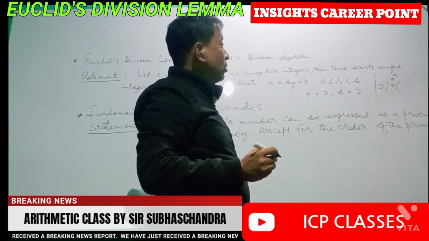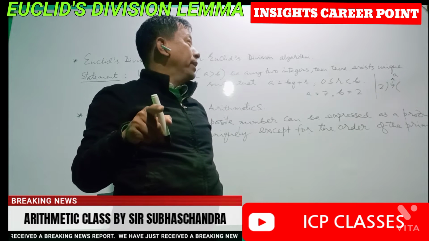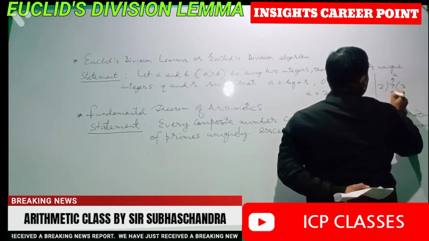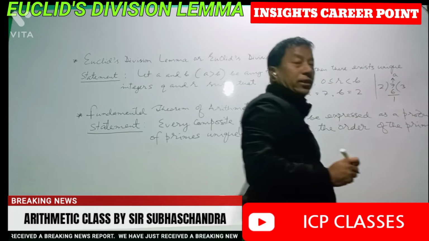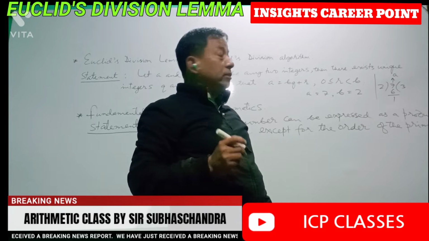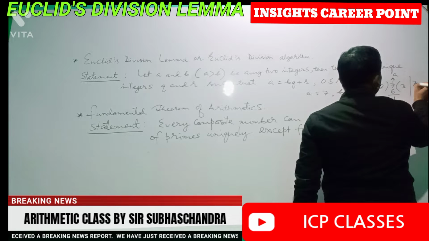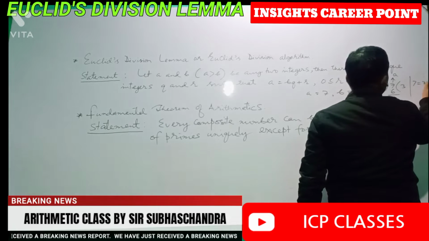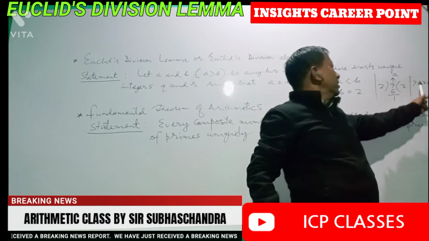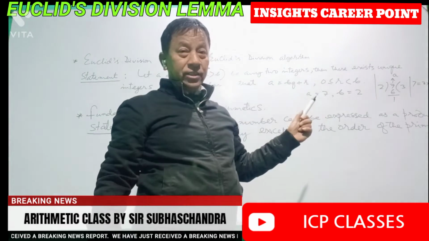So let us carry out the division of 7 by 2. What do we get? 2 3 times is 6, and we get the remainder 1. So in this division sum, 7 equals 3 into 2 plus 1. You see, 3 times 2 plus 1 is exactly 7, isn't it? Can you follow? Yes.